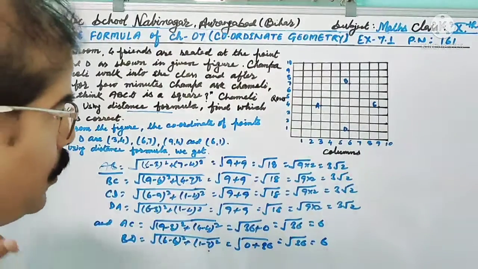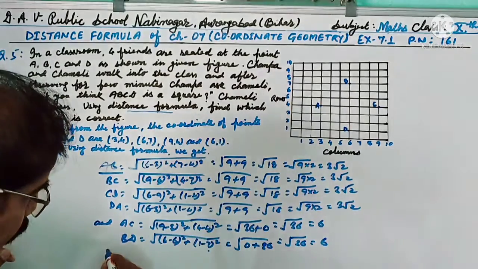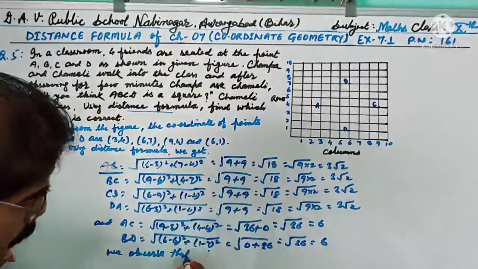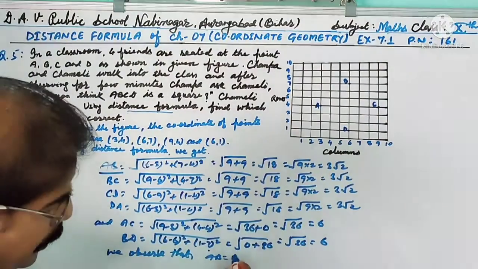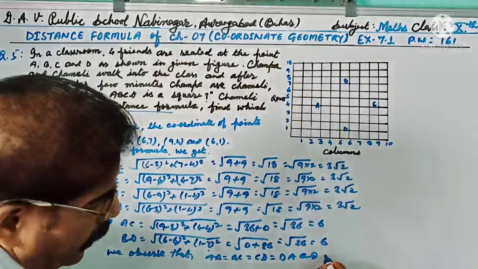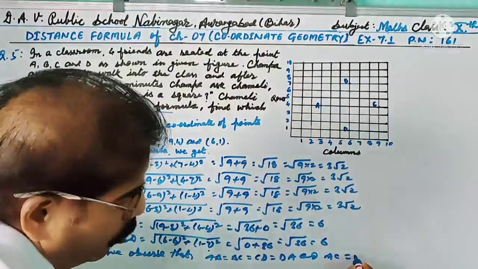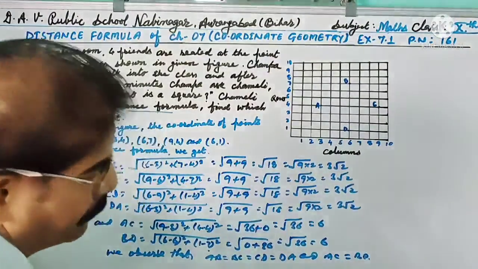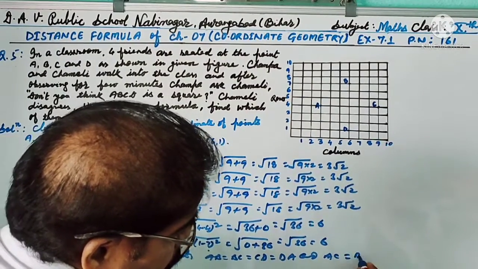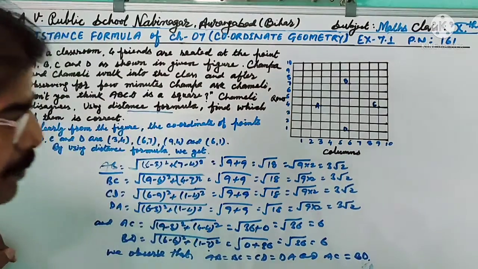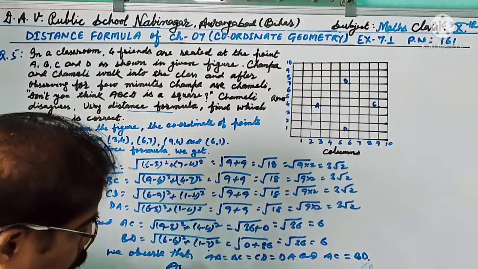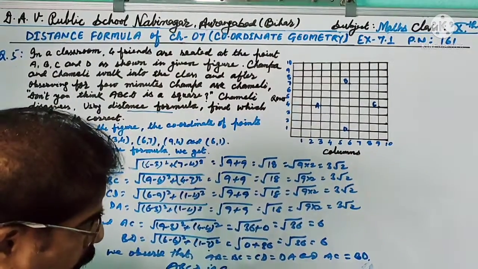Dear students, we observe that AB equals BC equals CD equals DA and diagonal AC is also equal to BD. Then we say that ABCD is a square.